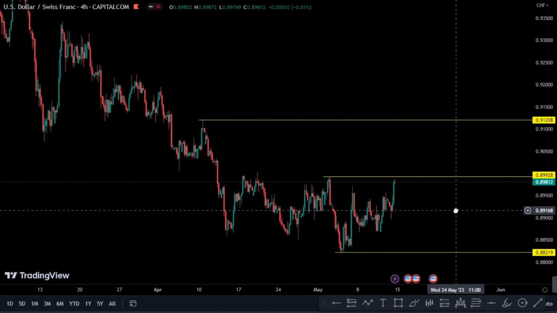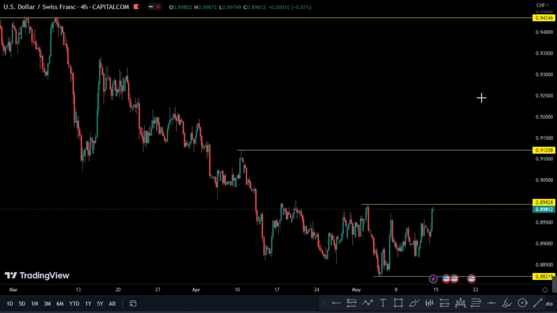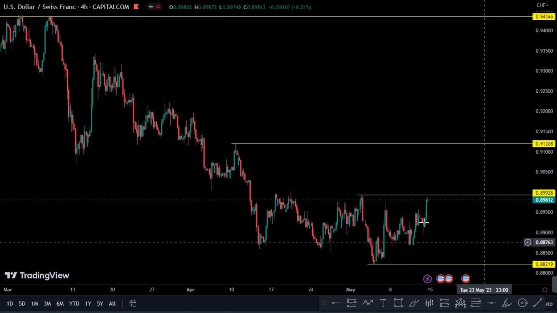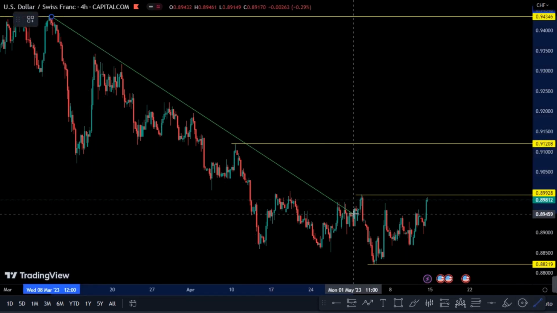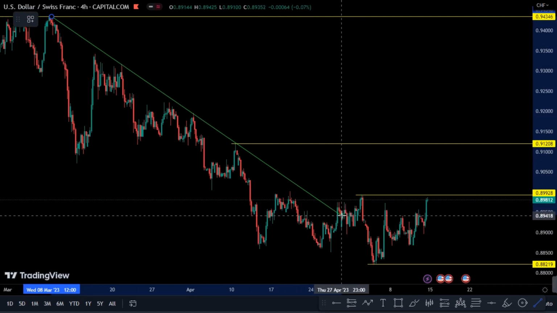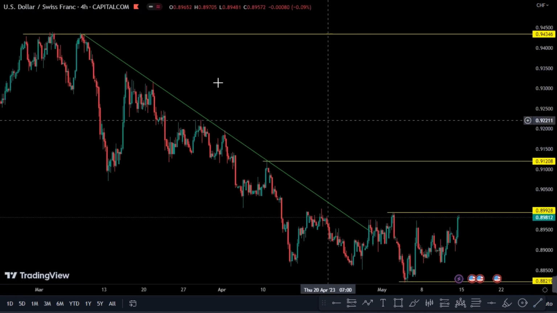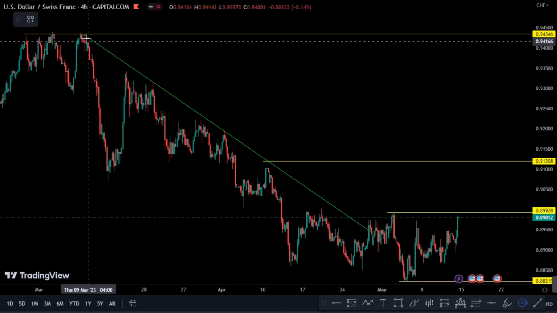Okay, so we can see that we had this market that was very bearish. Let's see, we can use our trend line to check here. From that area there, from that resistance, we have had this market being bearish.